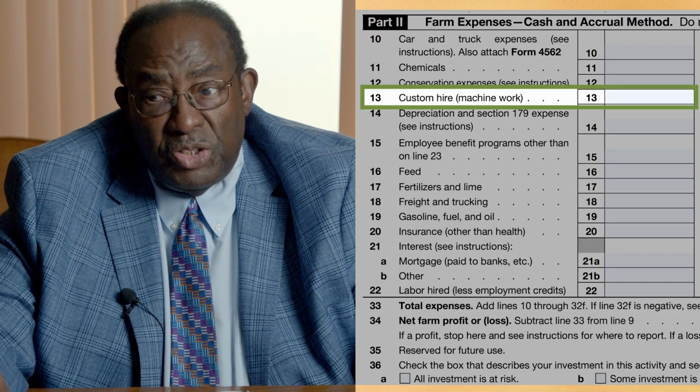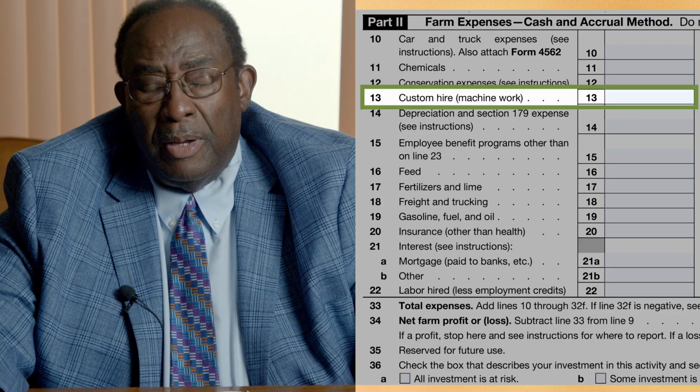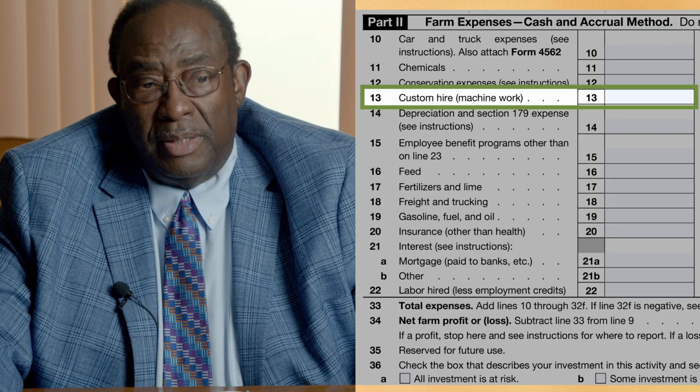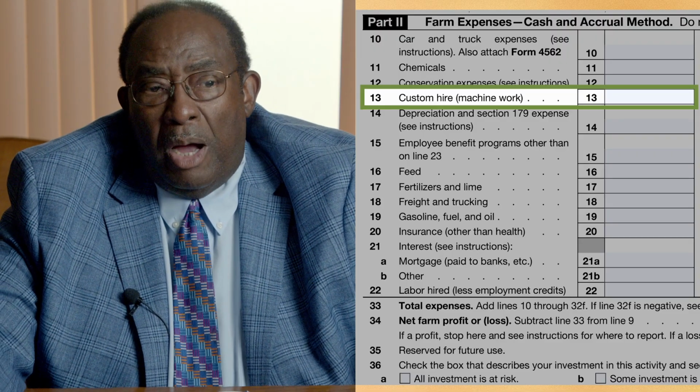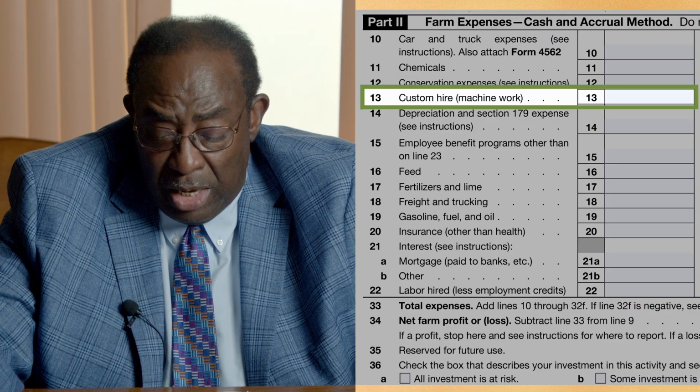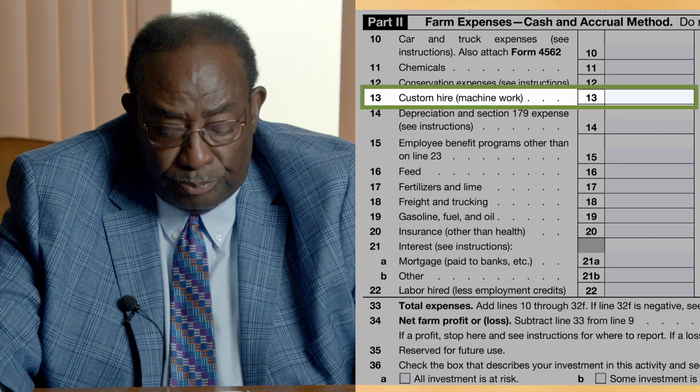It's mostly for machine work, and it doesn't cover hand picking watermelons. It doesn't cover any of that, but always machine work. Agricultural flying services and those kinds of things go right there on line 13. Now, remember, if you pay them more than $600 during the year, you have to give them a 1099 at the end of the year.